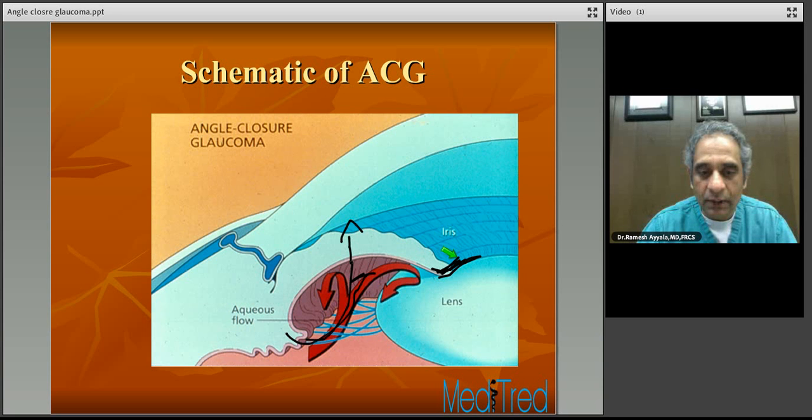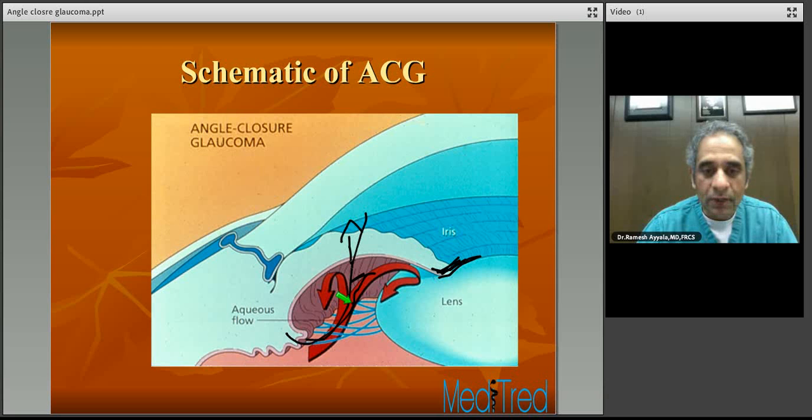So to break the attack, one, decrease the amount of aqueous that's being produced. Use aqueous suppressants. When you suppress the aqueous, by the way, it not only decreases the pressure, but also because there's less aqueous in the posterior chamber here, you will see that the convexity of the iris decreases to some degree.